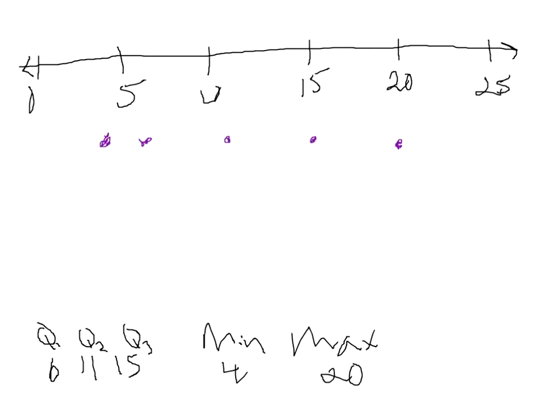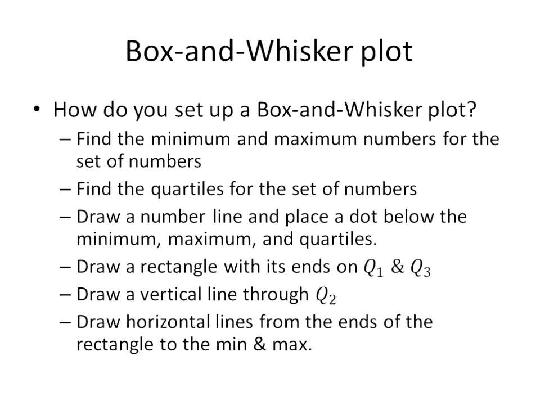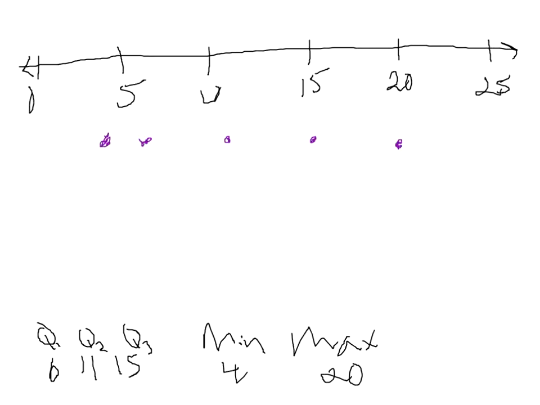So the next step, now that I placed the dots, happens to be right here. It says draw the rectangle on Q1 and Q3, and then draw the vertical line through Q2. So we're going to do that.